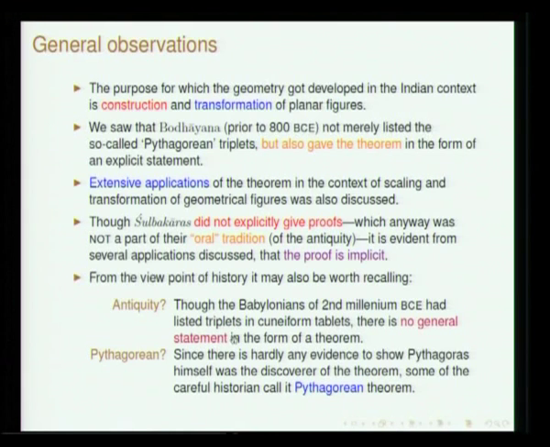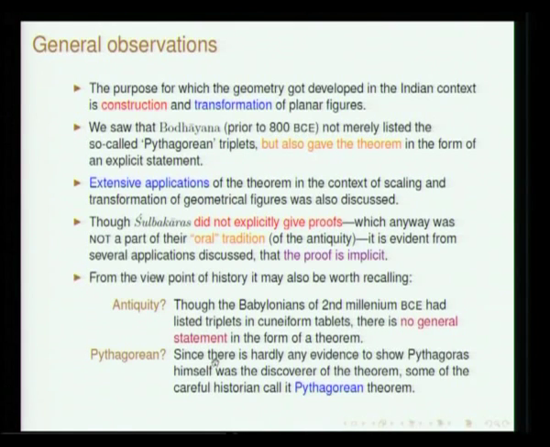And regarding antiquity, though we find various triplets in the Babylonian cuneiform tablets, there is no general statement like the Bodhayana theorem in any of these other traditions. Regarding Pythagoras, many careful people use the term Pythagorean theorem; whether Pythagoras was directly involved or not we do not know, and therefore, they call it Pythagorean.